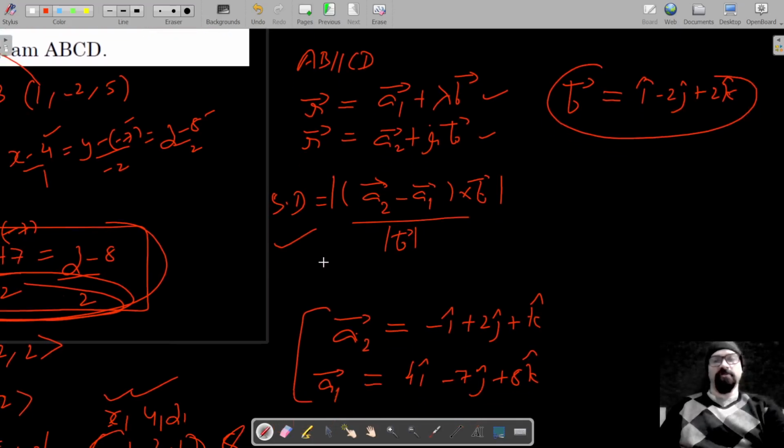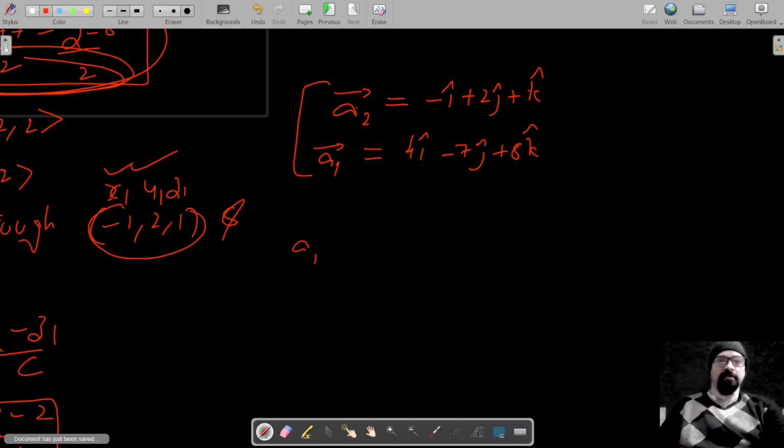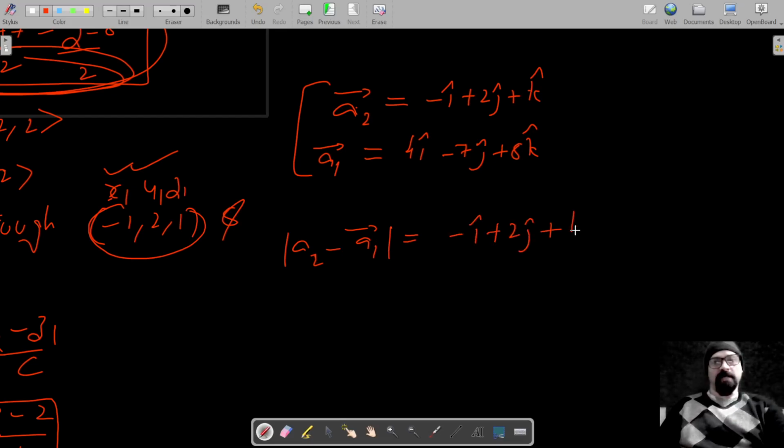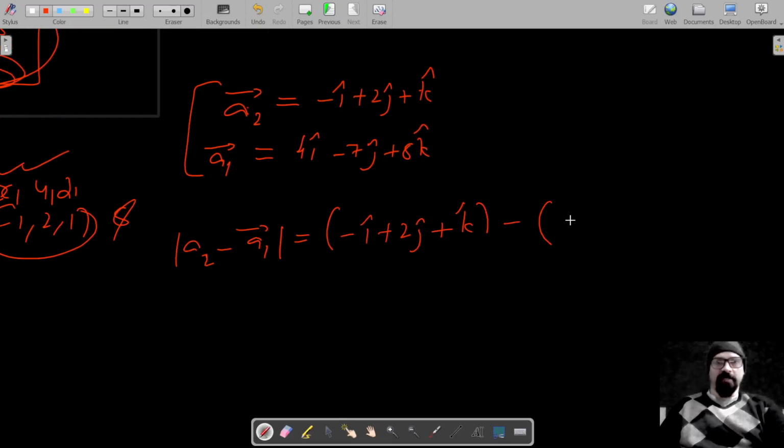Now let's find a2 minus a1. A2 minus a1 is negative i cap plus 2j cap plus k cap minus (4i minus 7j plus 8k).